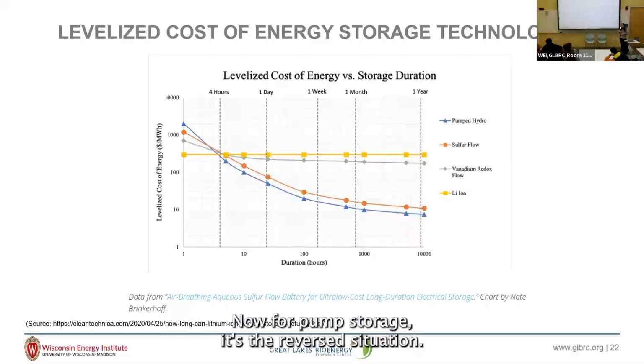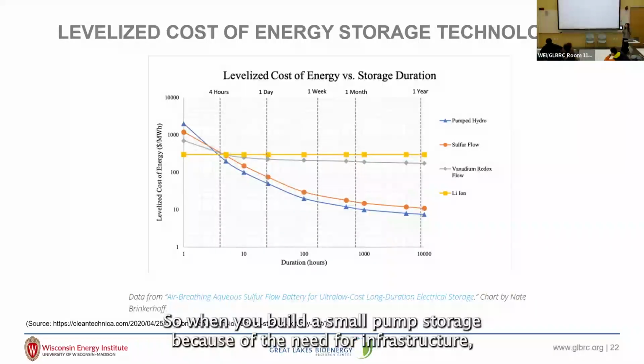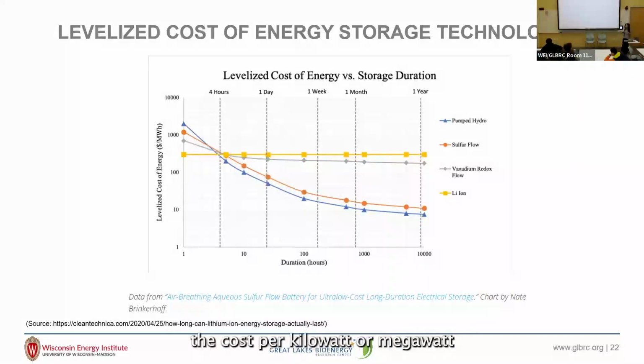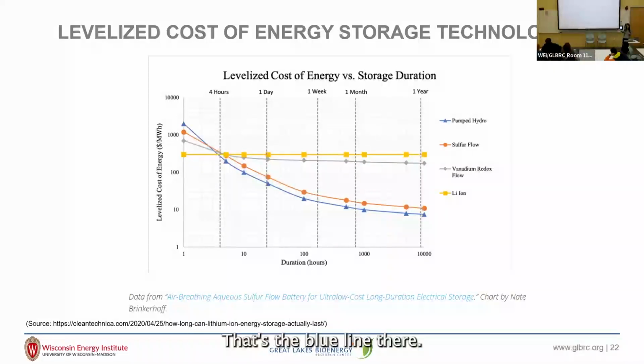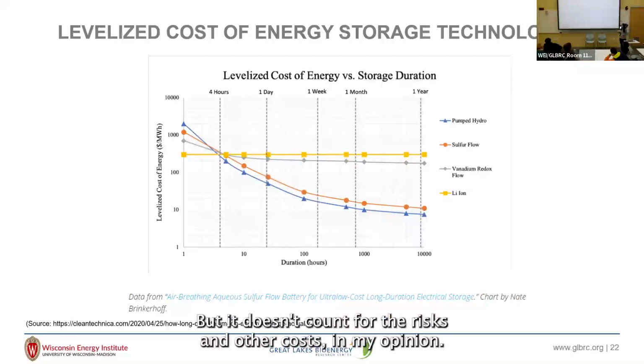Now for pump storage, it's the reverse situation. When you build a small pump storage, because of the need for infrastructure, the cost per kilowatt or megawatt is much higher. You can see it starts pretty high, that's the blue line there. For battery, it's pretty steady because it's more linear, per unit. But it doesn't account for the risks and other costs, in my opinion.